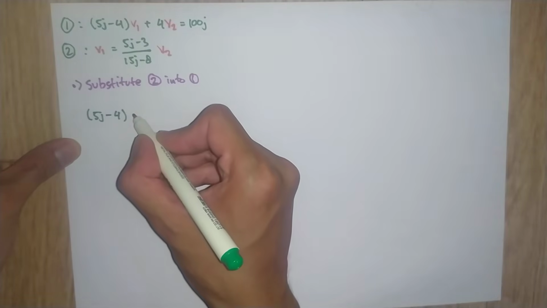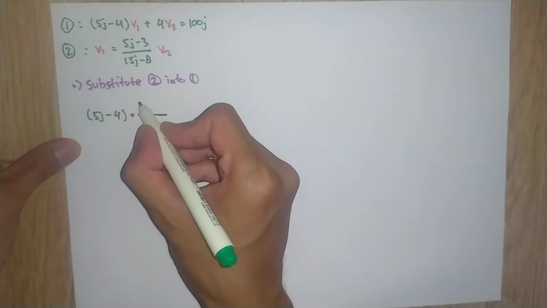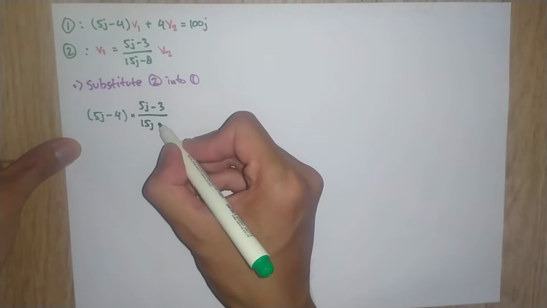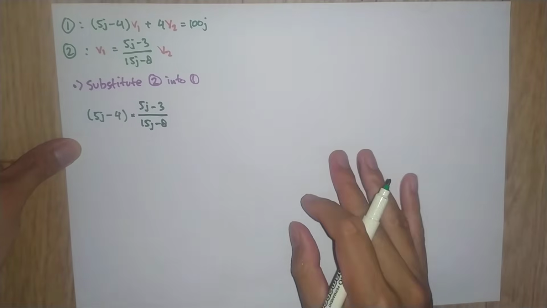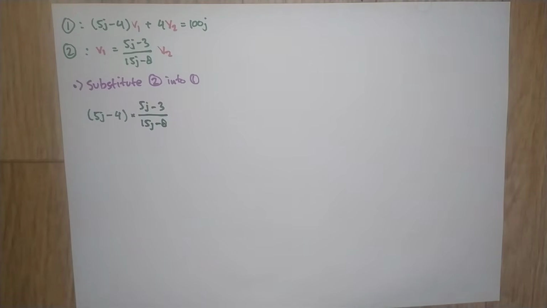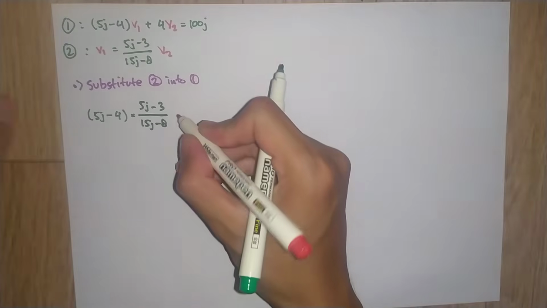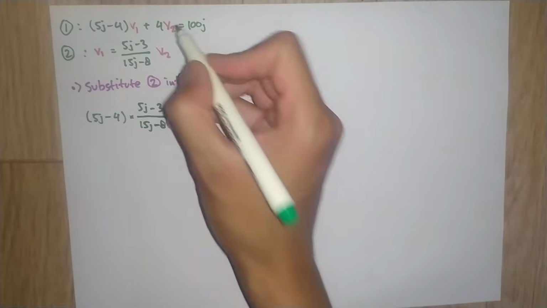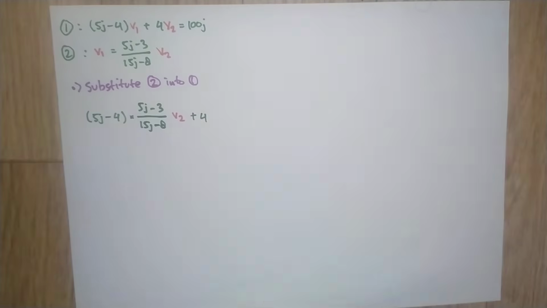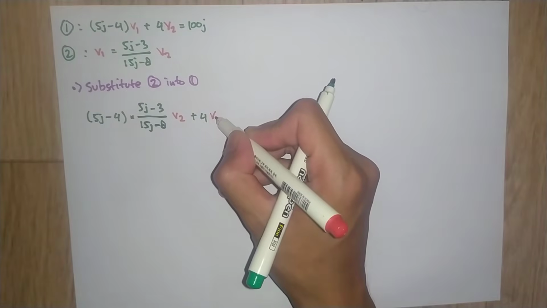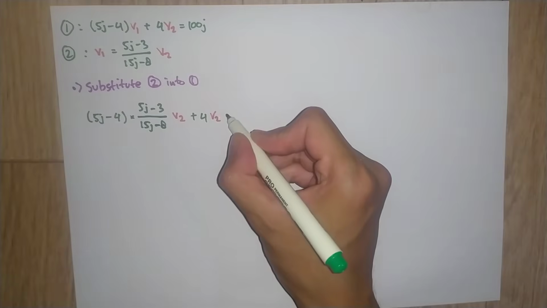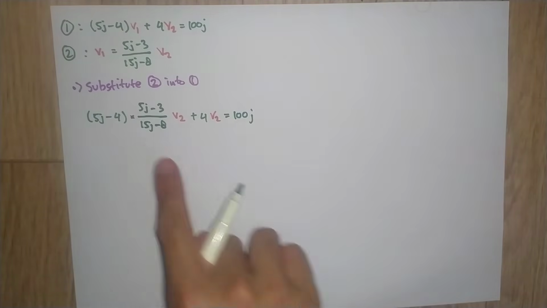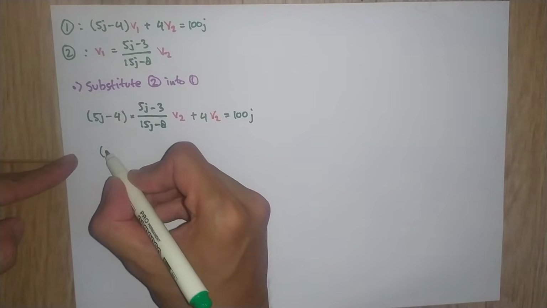So I will have this multiplied by 5j minus 3, and then we'll have 15j minus 8 of V2, right? And then this one plus 4 V2, and we will have 100 joule.